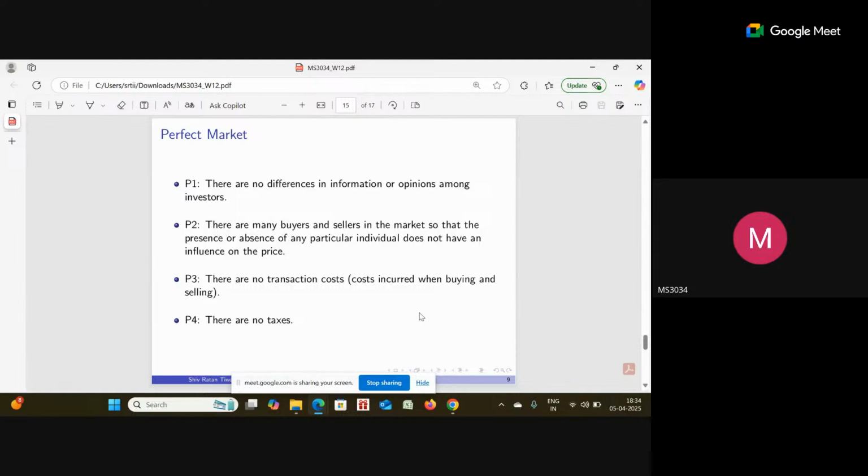Okay, so this was the discussion regarding the perfect market and what happens in case these assumptions are violated.